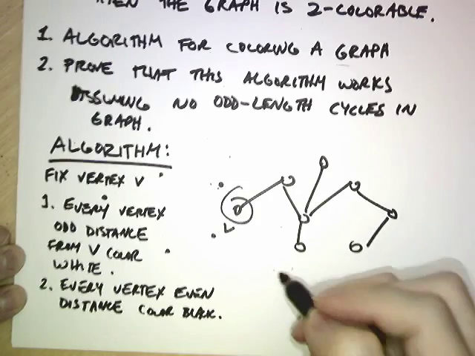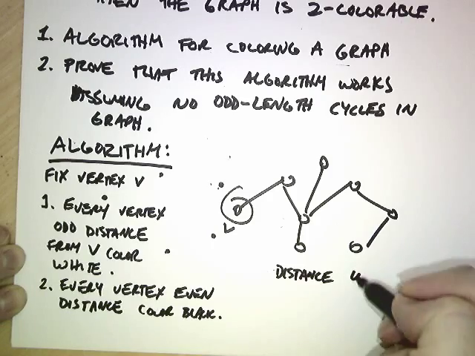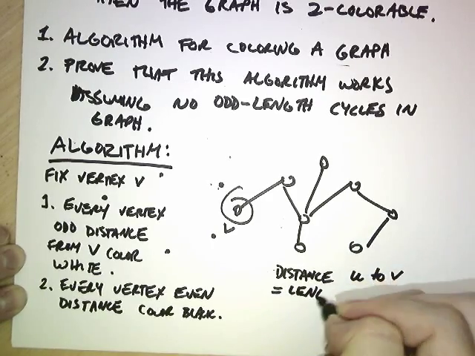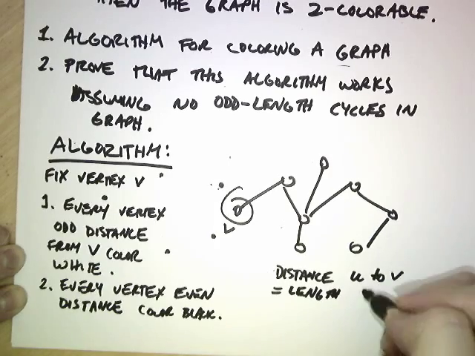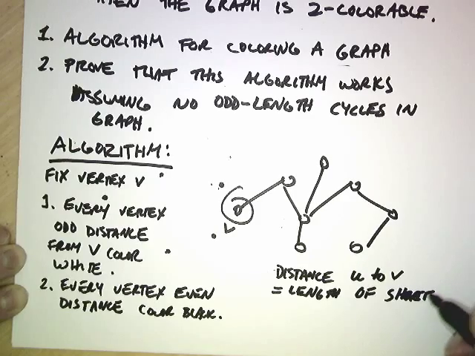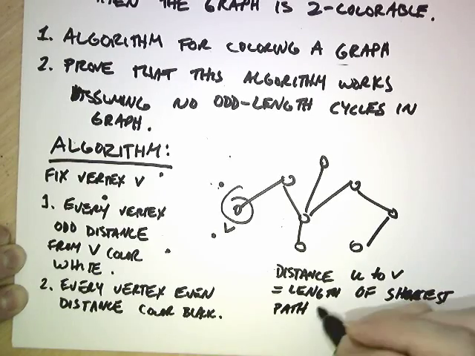Okay, and what is distance? Distance from u to v is equal to the length of the shortest path from u to v.